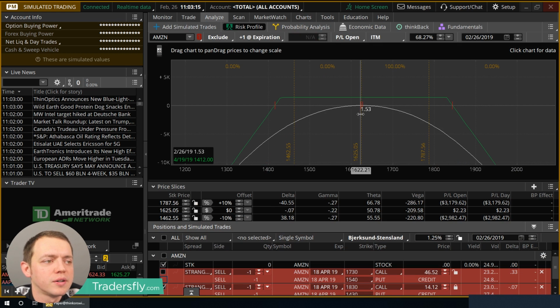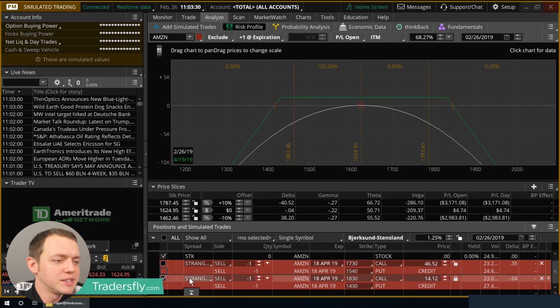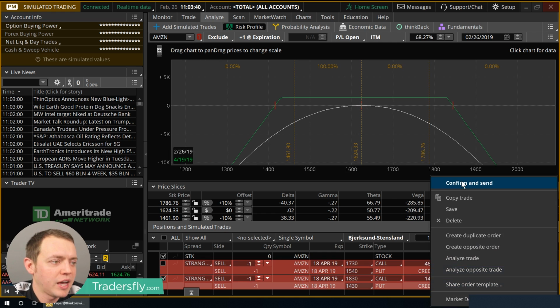You're wider. So you make only 1,412, but your chance of success is greater, right? Because you're wider. You're basically going from a 1430, whereas the other one is a 1530. So you're 100 points wider on both sides. So your chance of success is greater, but you make less money on probably about the same amount of capital, give or take.